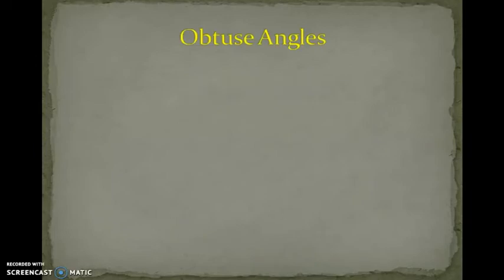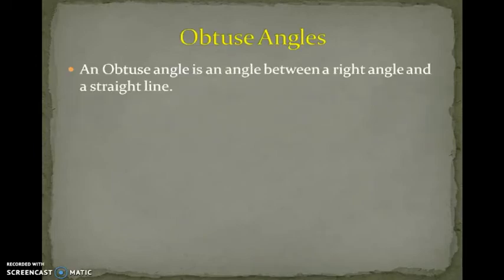So, the next type of angle we shall be looking at now is obtuse angles. An obtuse angle is an angle between a right angle and a straight line. Now remember, we've talked about right angle earlier on, and we equally talked about acute angle.